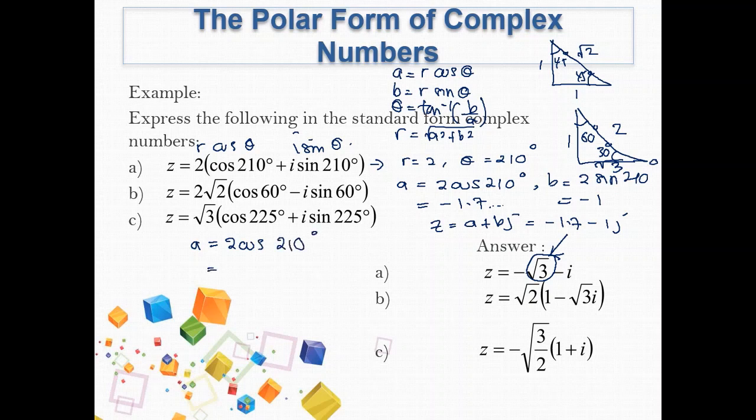This is actually equivalent to 2 cos of 180 plus 30 degree. 180 plus 30 degree in the quadrant is here. This is the 180 part, and this is the 30 degree part. So this is where they apply this triangle.